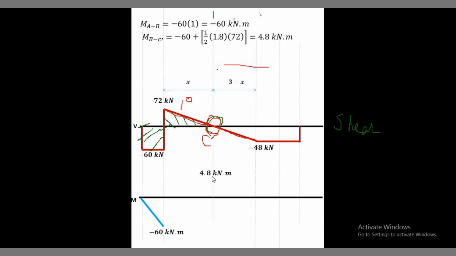May kausap pa ba ako? Ma'am. Yes, ma'am. Kas ano ko nga i-connect ni negative 60 ka ni 4.8? Kas ano titsura na di curve ko? Convex or concave? Smiley or sad? Anong tinuro sa inyo? Sad.